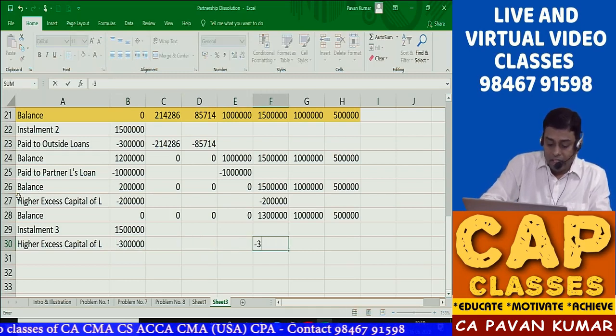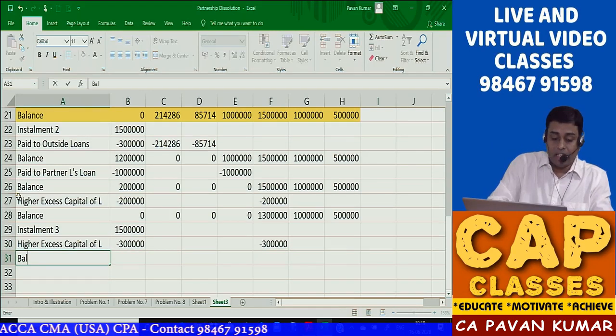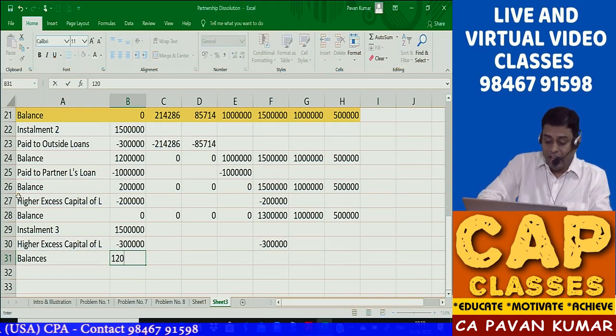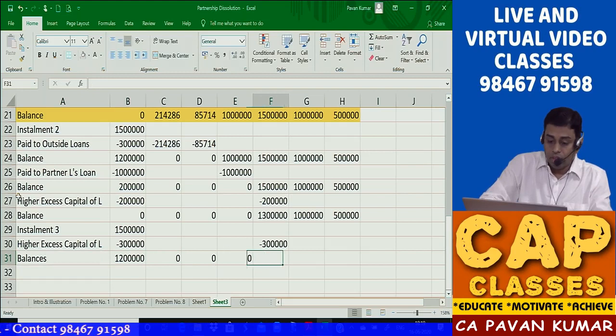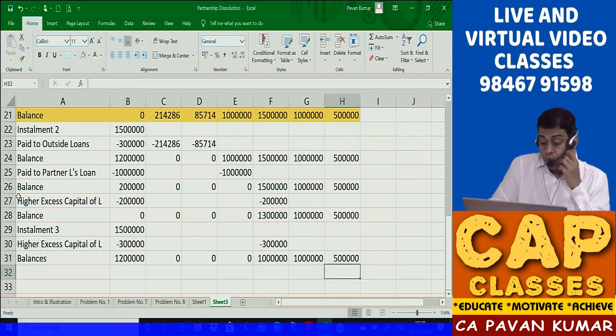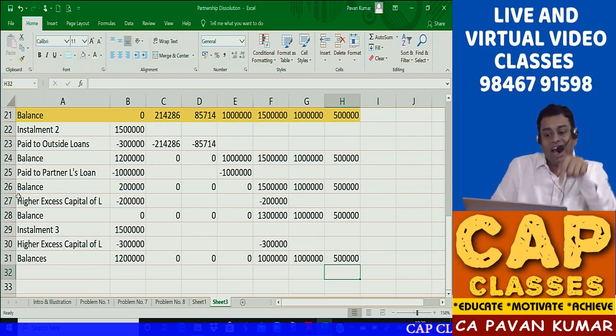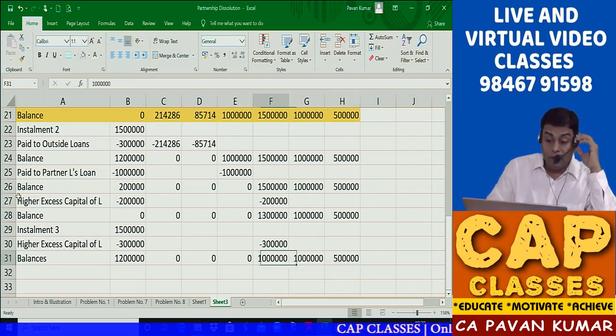So here minus 3 lakhs. Okay. After this, balances. Here 12 lakhs. 0, 0, 0. And here 10 lakhs, 10 lakhs, 5 lakhs. Now, partner L and M amounts have become equal, but still they are higher than the other guy. So you have to pay 5 lakhs here.